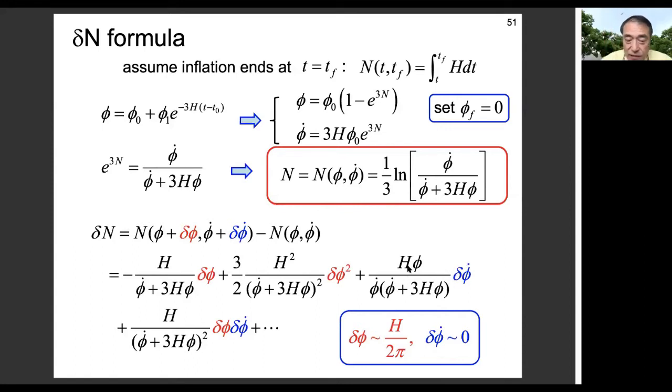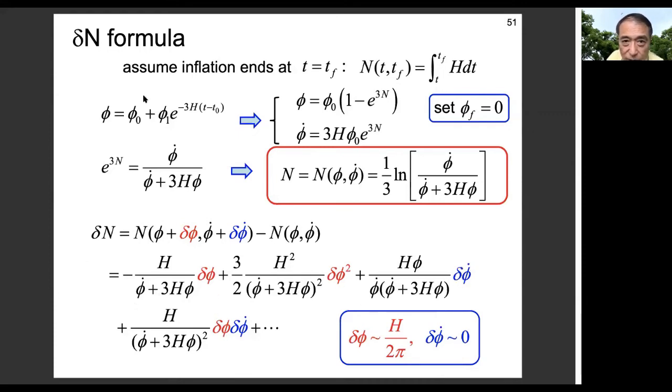It's essentially negligible because phi freezes out, which means at leading order, delta phi dot can be just taken to be zero. So it's important to take this phi dot dependence into account, but after you take that into account as an independent variable and expand this expression to arbitrary order of your interest, you can just put delta phi dot equal to zero.